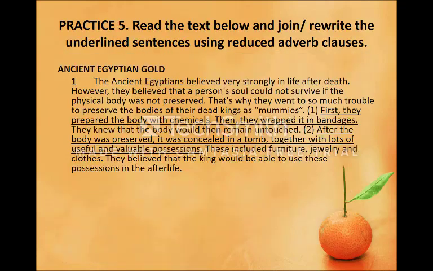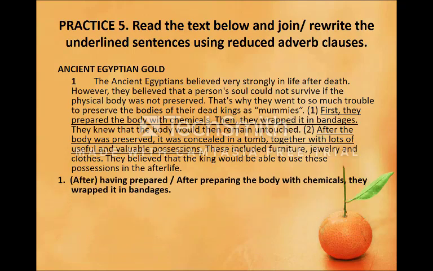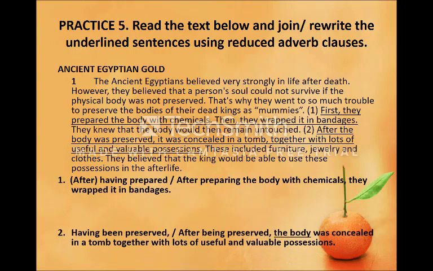Right, these are the answers. Now let's look at practice 5. Read the text below and join or rewrite the underlined sentences using reduced adverb clauses. Think again. Pause the video first. Okay, these are our answers.